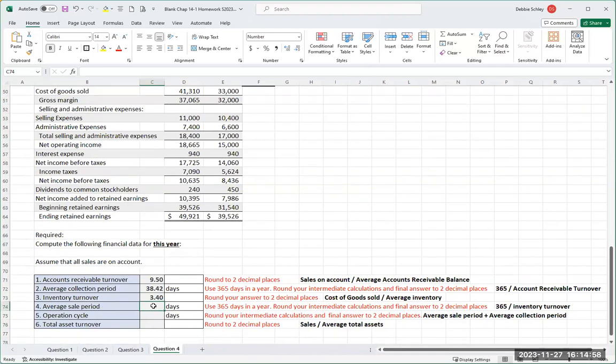Okay, average sale period equals 365 divided by inventory turnover, which was the answer to required 3. Okay, operation cycle is equal to the average collection period, which was the answer to required 2, plus the answer to required 4, the average sale period.